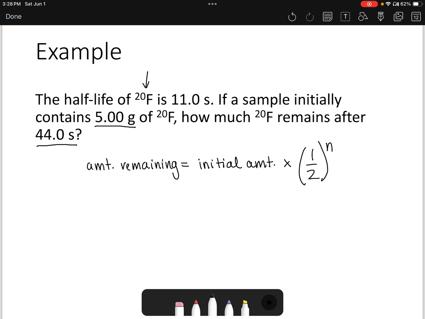We have a total of 44 seconds, and if we divide that by the half-life, which is 11 seconds, that should give us the number of half-lives. 44 divided by 11 is 4.